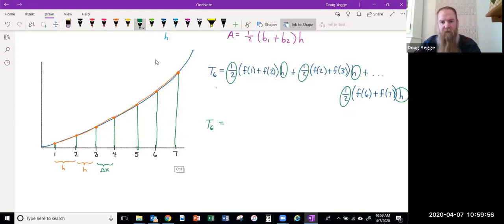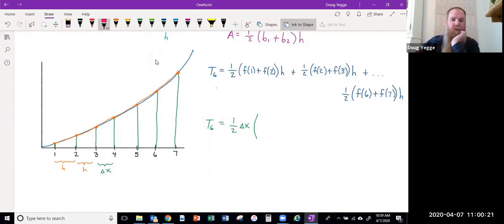So why don't we just take away all of the 1/2 delta x's and factor those out, and now write what's left. So if we see that each of these are actually delta x, then I was able to pull out the 1/2 of the delta x. Any issues so far?